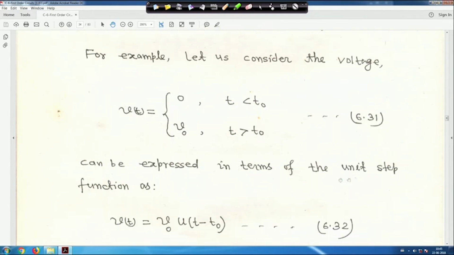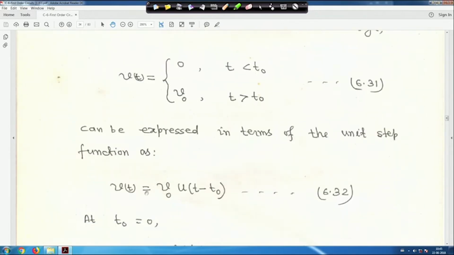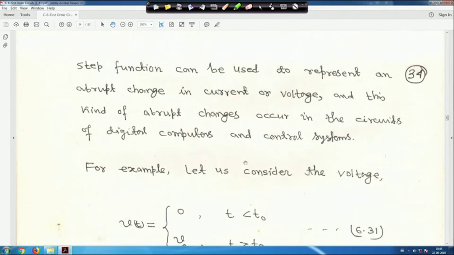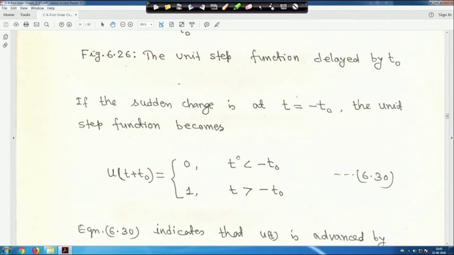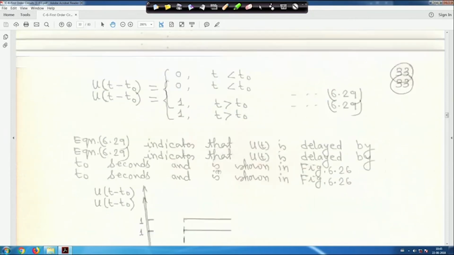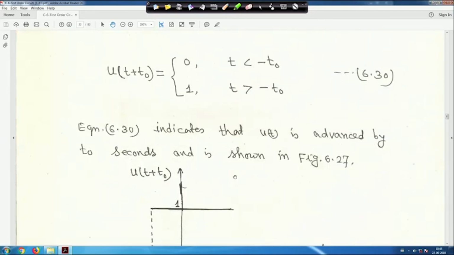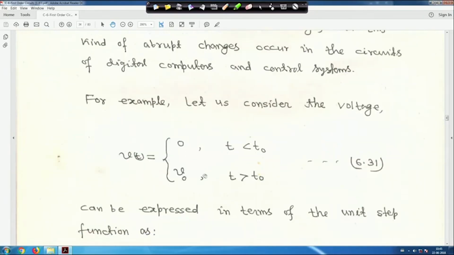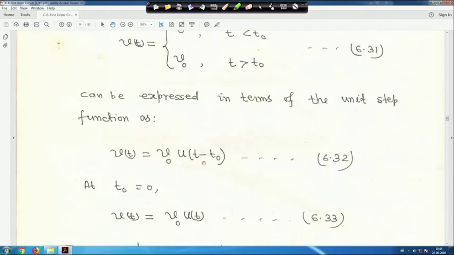It can be expressed in terms of the unit step function as v(t) is equal to V0 u(t - t0). We saw that the step function u(t - t0) is equal to 0 for t less than t0 and 1 for t greater than t0. So, for this voltage, we write u(t - t0).